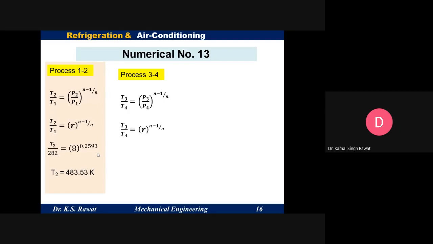Now put in the values of R and T3 and (n minus 1) upon n: 302 divided by T4 equals 8 to the power 0.2593. Now calculate the value of T4. One 176.14 Kelvin.